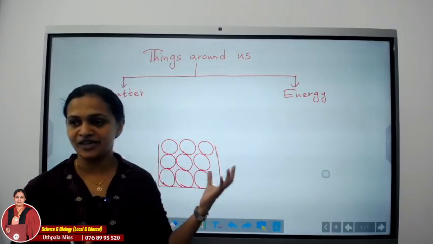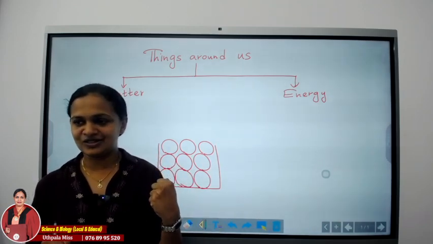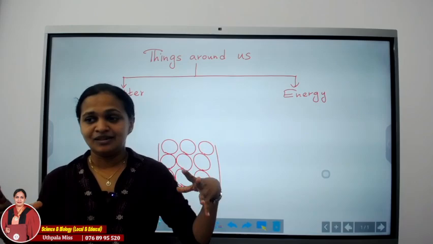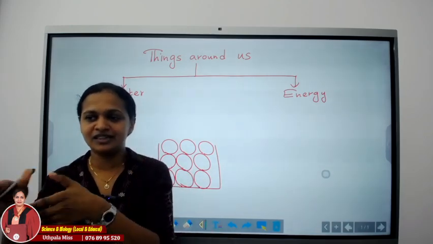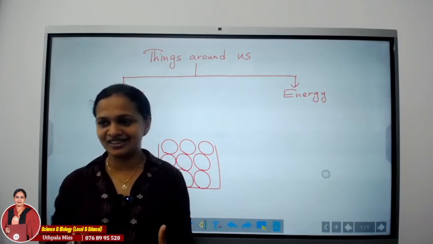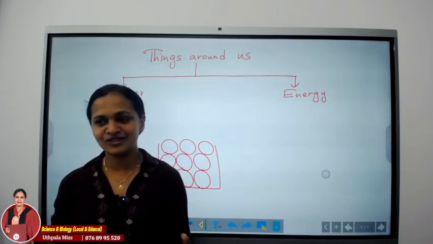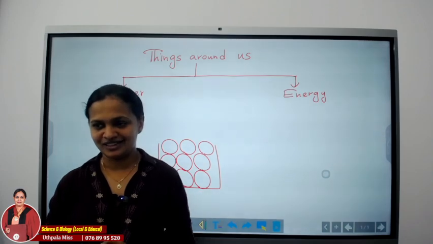Things that occupy space. Now think of the students in a classroom. There is a particular number of students that can stay inside the classroom, because even the students occupy space. They also belong to matter, right?